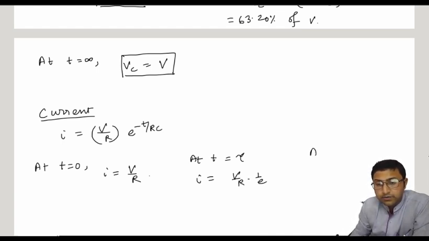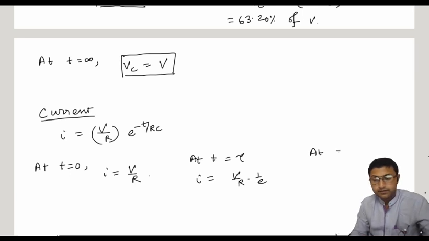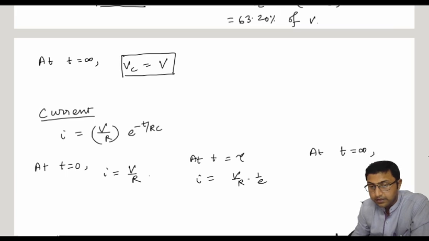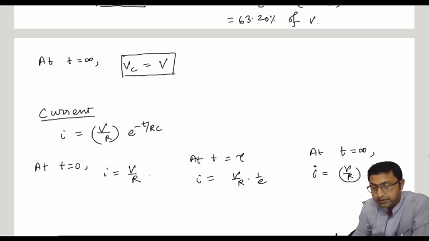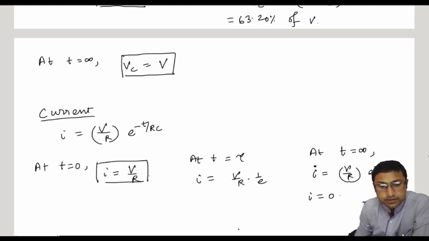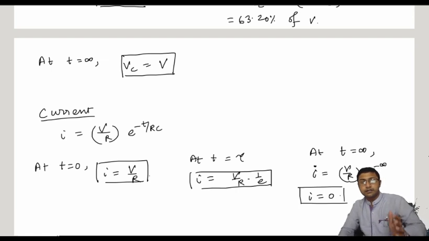And at t equal to infinity, I equal to V by R e to the power minus infinity, actually it is 1 by e to the power infinity, and I equal to 0. So these three things we have to remember during the switch on: the value of current at the starting, at the position of time constant, and at the final steady state. So these are the main three parts.